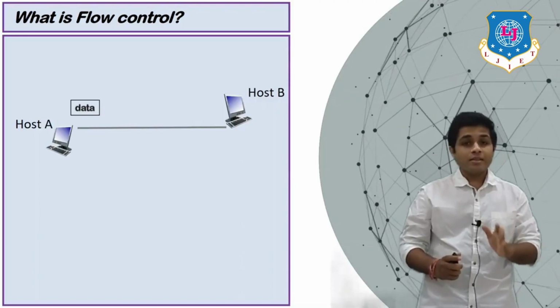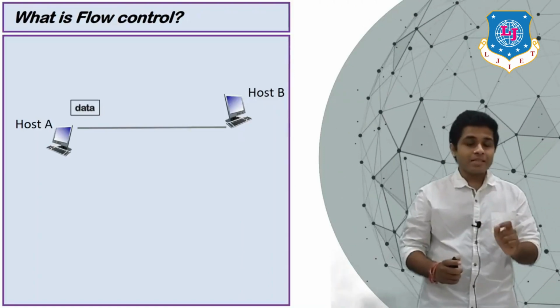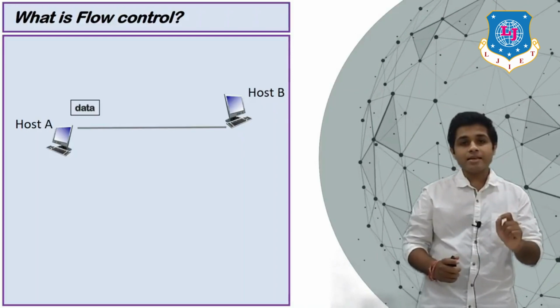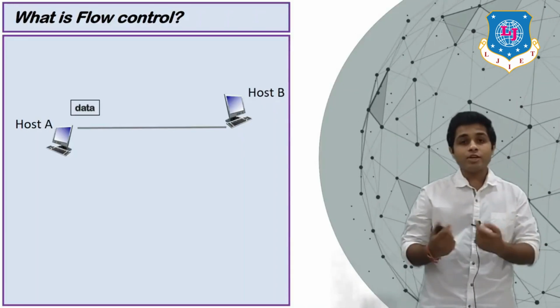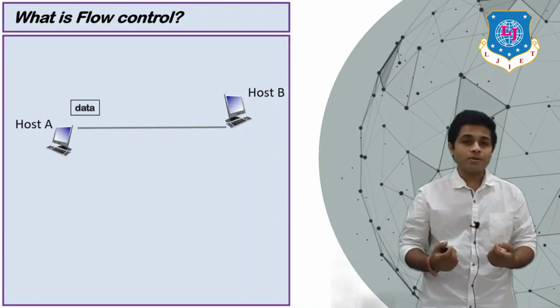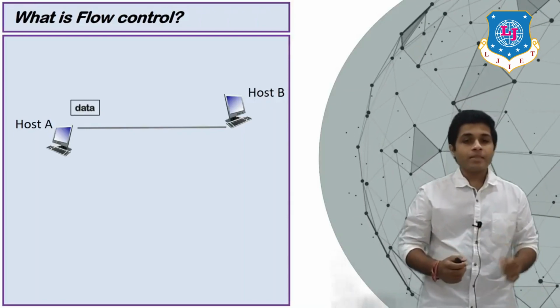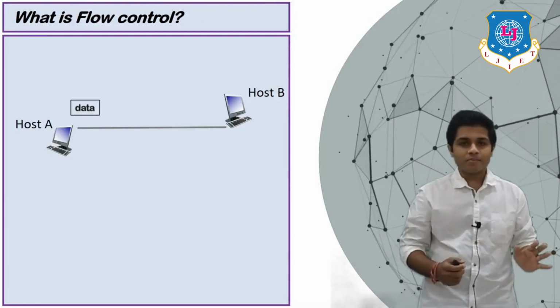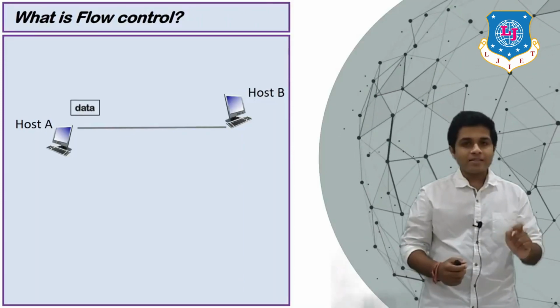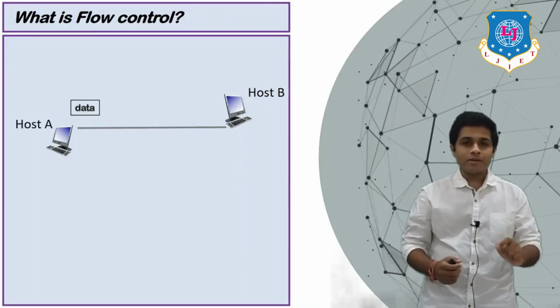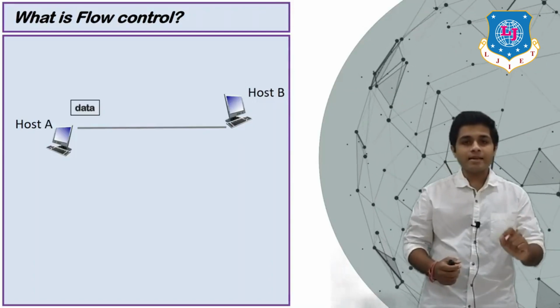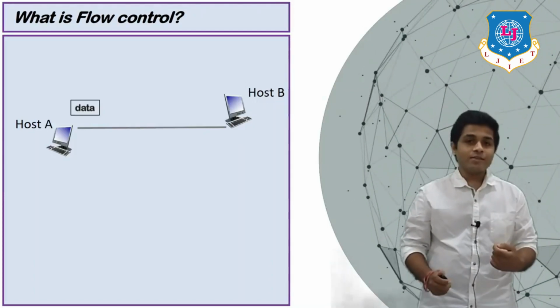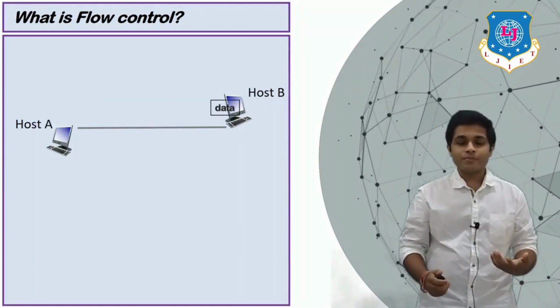So what we can do in this example is that the sender can send data at a rate at which the receiver can easily receive. For example, if the sender is sending data at 2 Mbps, in that case there won't be any problem, right? So that thing is known as flow control. That the sender should be sending data at a rate at which the receiver can receive.